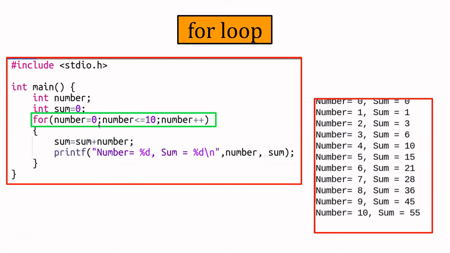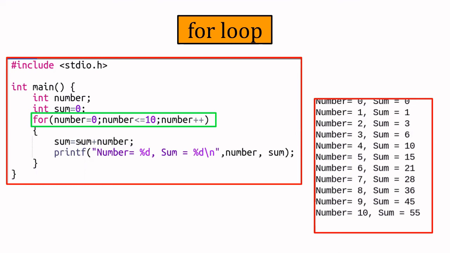In the for loop, number is equal to 0, starting from 0 up to this point: number less than or equal to 10. Up to that point, number plus plus, number increments by 1. The first time, number is 0. Sum equals sum plus number.